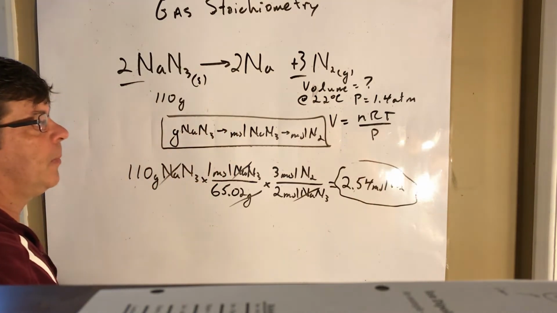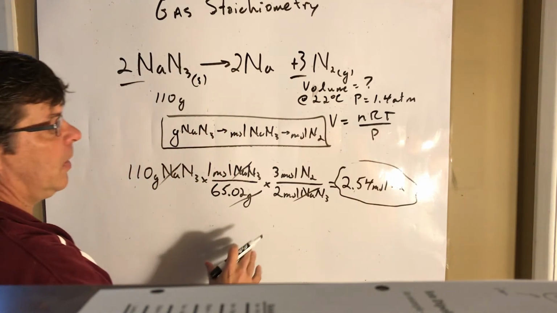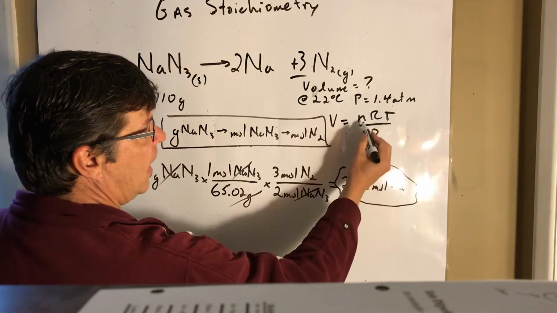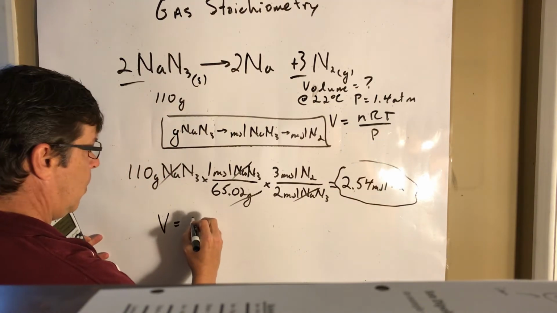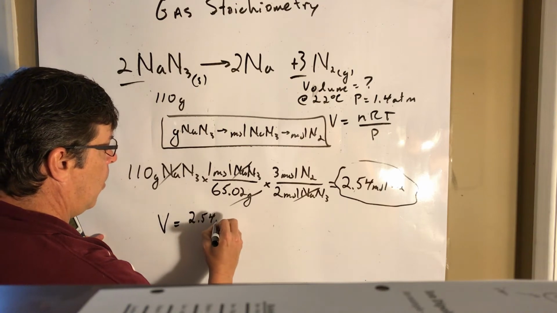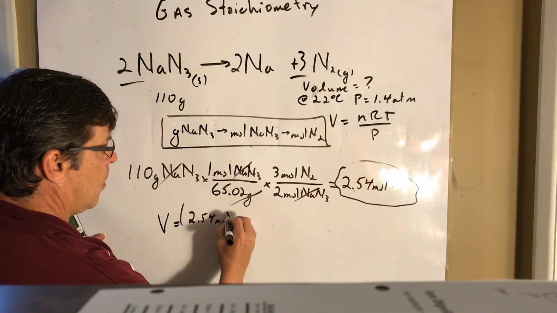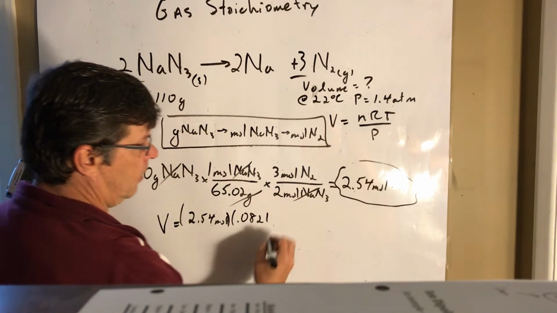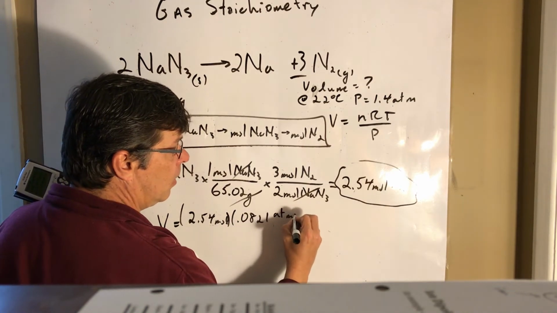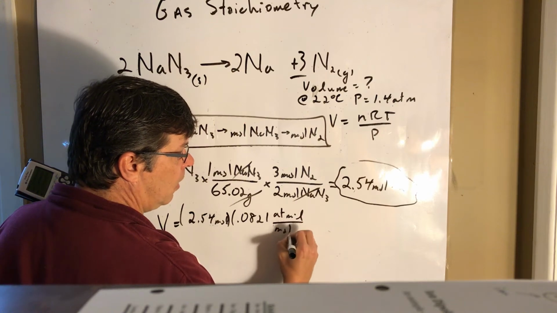All right, so we're almost there. So then what we just need to do is place that into there. So volume equals 2.54 moles times 0.0821, remember the units? Atmosphere times liter per mole Kelvin.